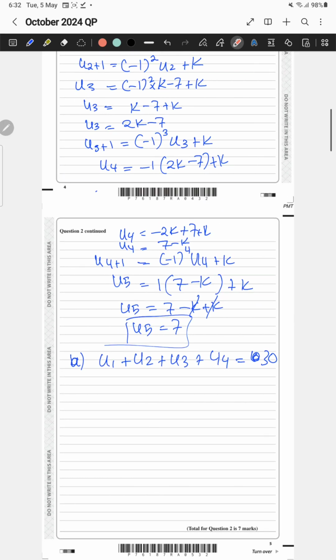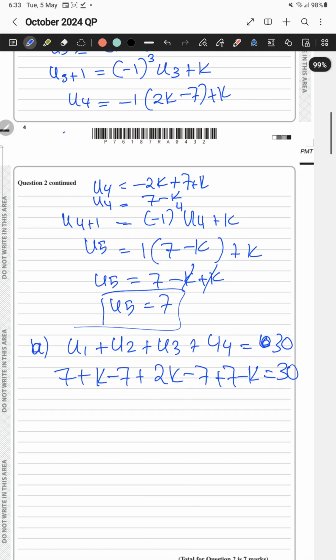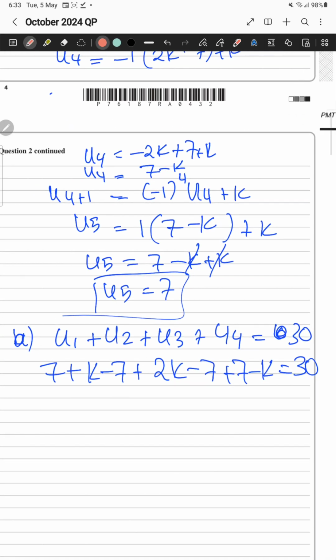Now u1 is 7, plus u2 we have found is k minus 7, plus u3 is plus 2k minus 7, plus u4 is 7 minus k, equal to 30. Now 7 minus 7, minus 7 plus 7 is 0, so they cancel out.